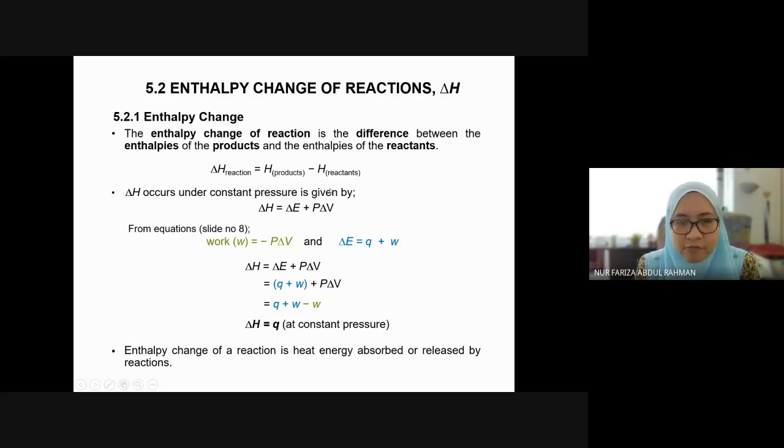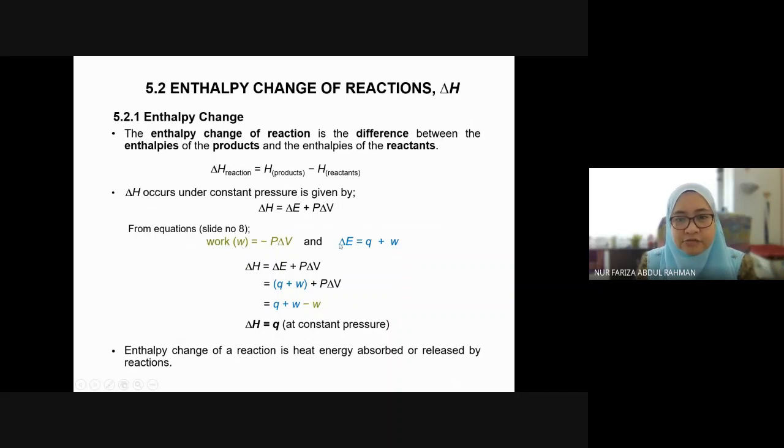Okay, so this is the formula to determine the delta H of a chemical reaction, the original formula to determine the change in enthalpy. Okay, all right. So this is where it comes from.